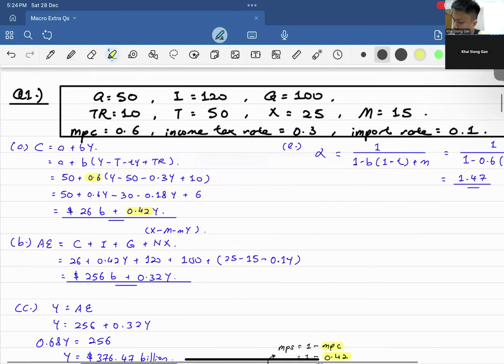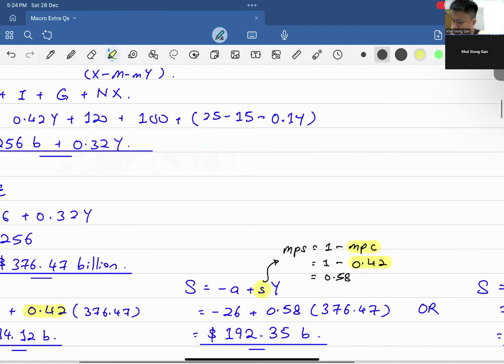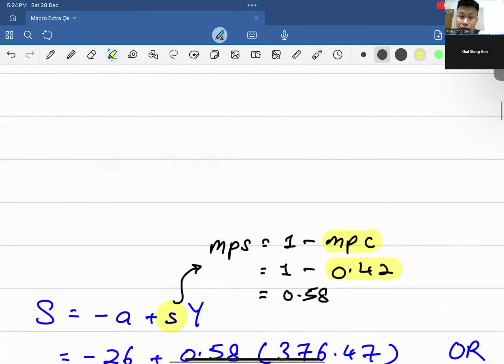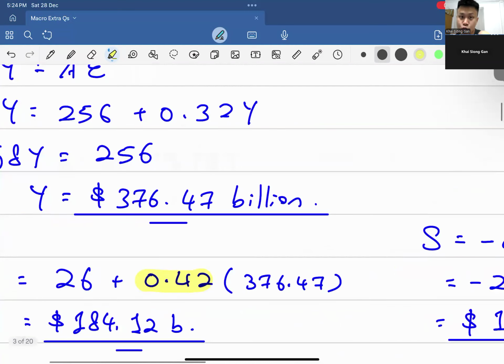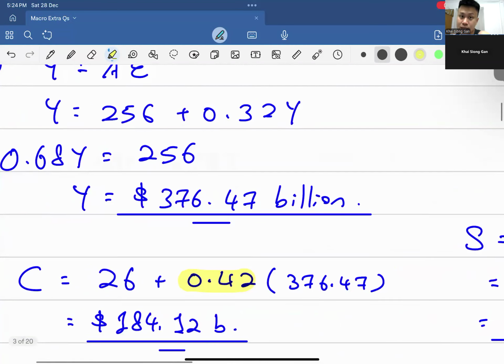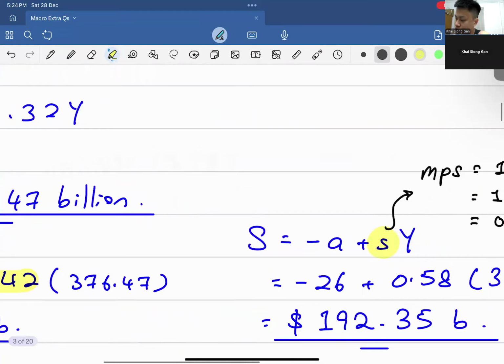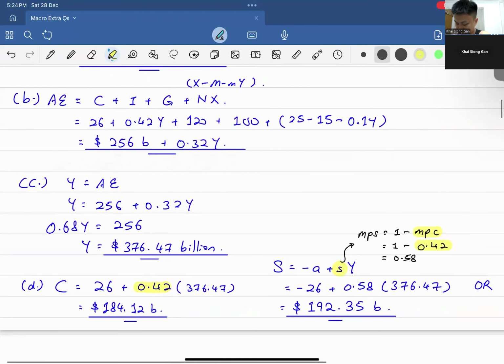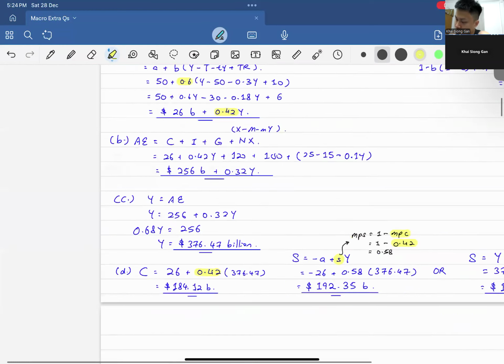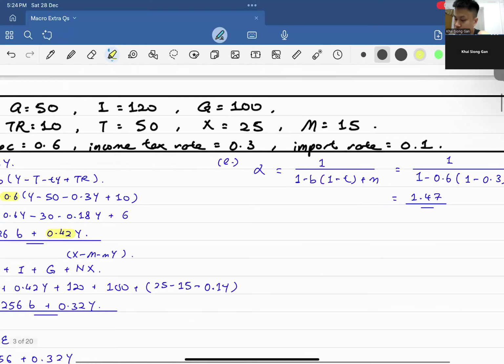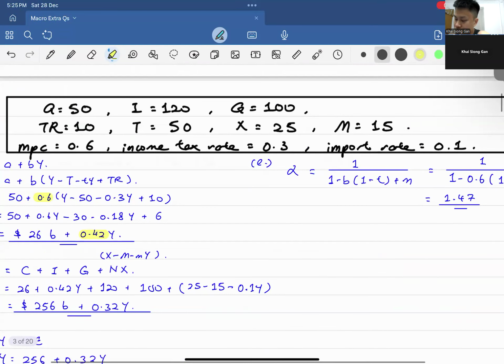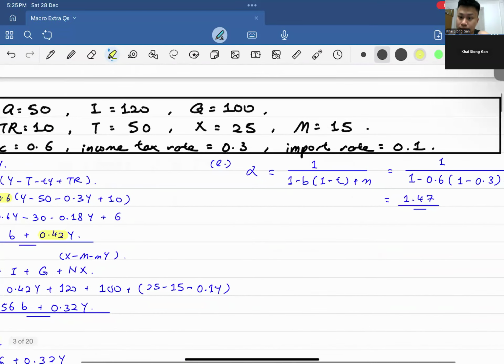So when I looked into the saving function, I took 0.42, because we are using the newly calculated MPC, not the initial 0.6, just in case you're confused. But when you calculate your multiplier, you go back to whatever is given in the question: 0.6, 0.3, and 0.1.